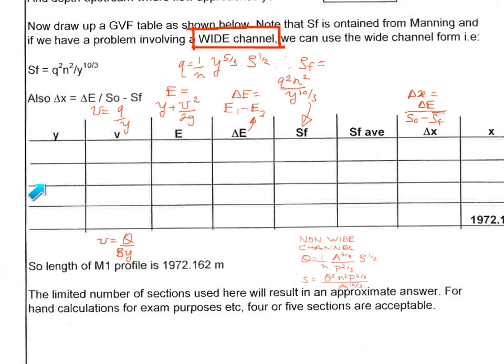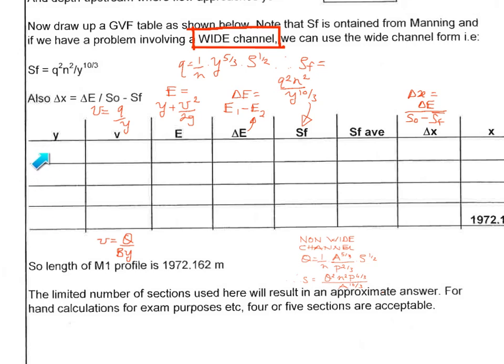Only other thing to mention about doing these tables is that there is a little rule as to the order in which you put the start and the finish sections. Basically, if you've got a subcritical profile, so that would be an M1, an M2 or an S1, then we work from the downstream end of the profile back upstream, regardless of whether that means that y is increasing or decreasing.